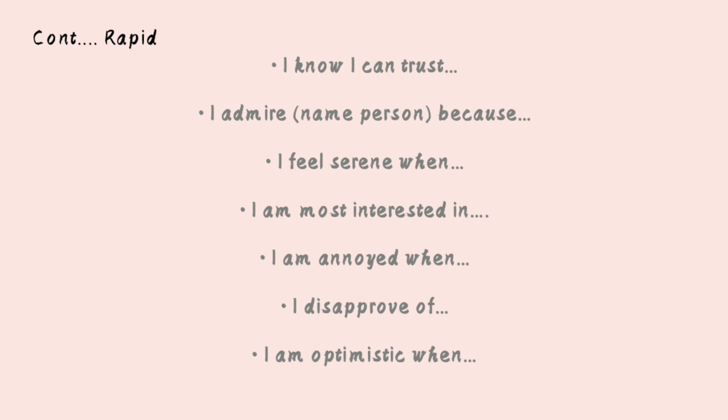These are other questions from rapid fire. I know I can trust my brother. I admire, name of the person. I admire my father because he always stands by me.